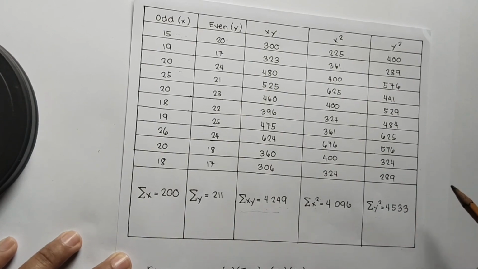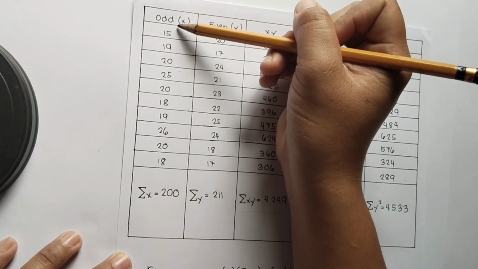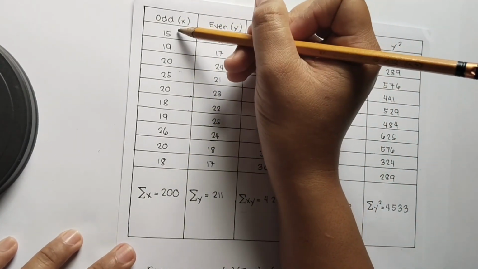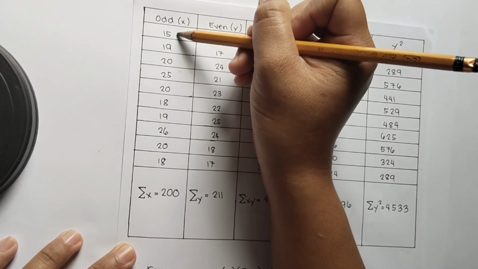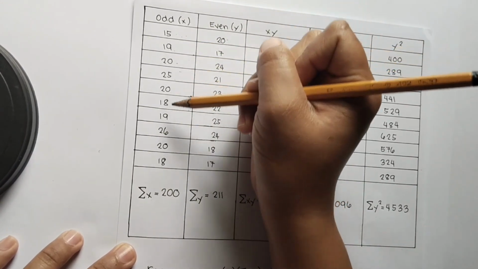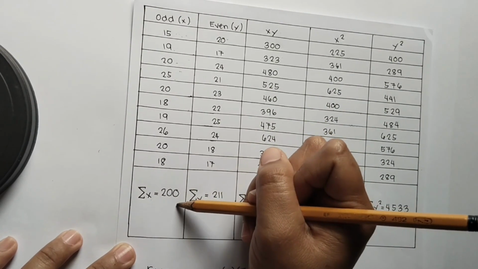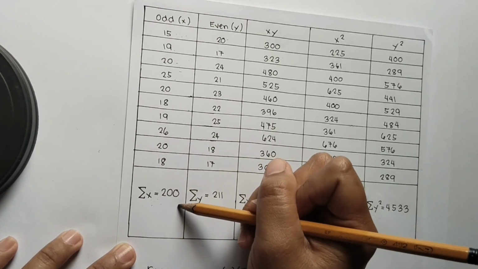Una, para malaman natin yung summation of x, i-add lang natin lahat ng nandito sa x. So, 15 plus 19 plus 20 plus 25 and so on. And the result for that is 200. So, yung summation of x natin is equal to 200.